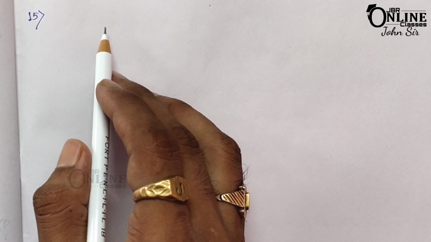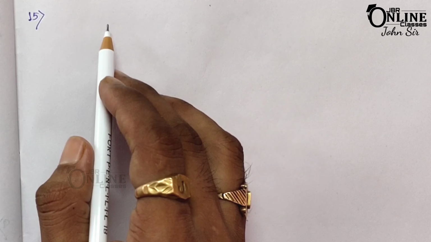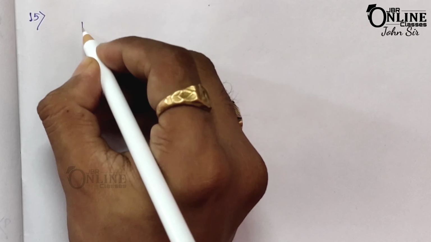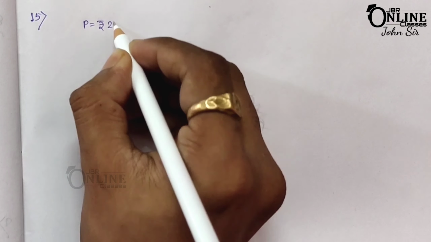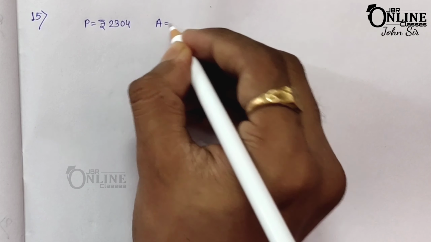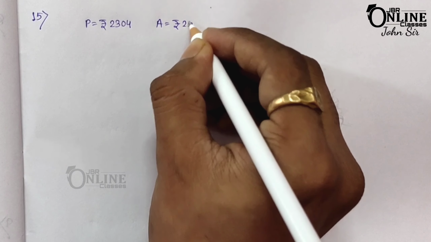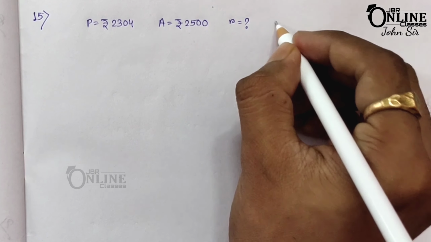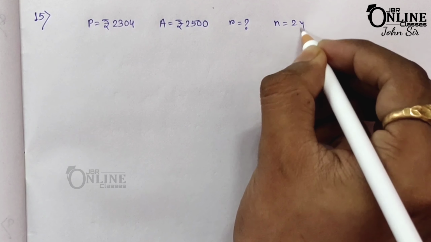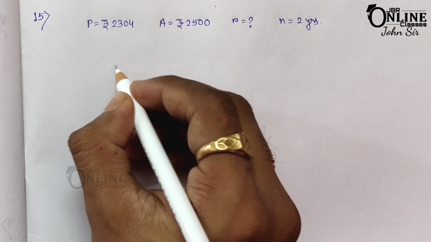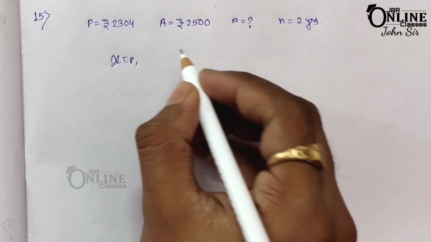Now sum number 15. At what rate of percent per annum compound interest will be? So here the given principal equals rupees 2304 and the amount will be rupees 2500. You have to find the rate of interest in 2 years. That means n equals 2 years. So you can apply the direct formula according to the problem.